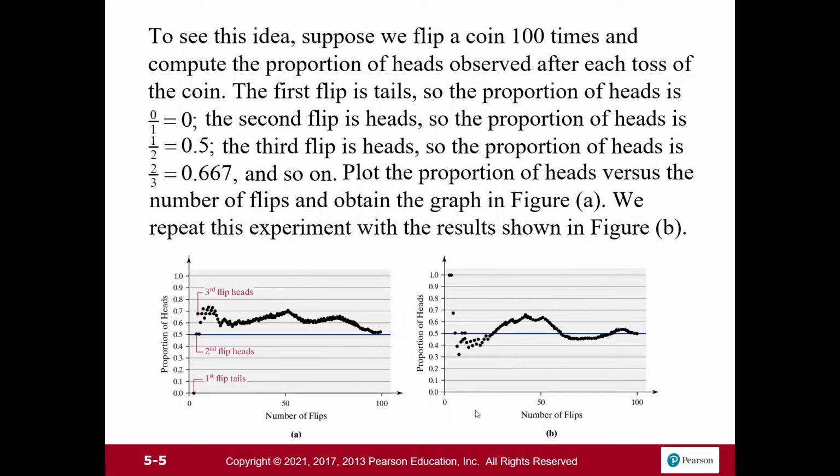The experiment was repeated, and the two graphs are very different. However, by the 100th flip, the proportion of heads is spot on. Okay? So it's a little messy, but eventually the proportion of heads will converge onto that 0.5 amount.